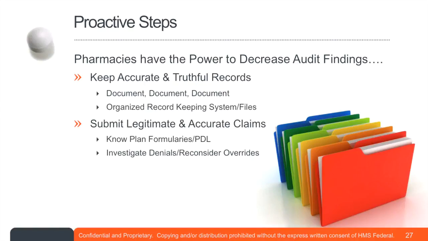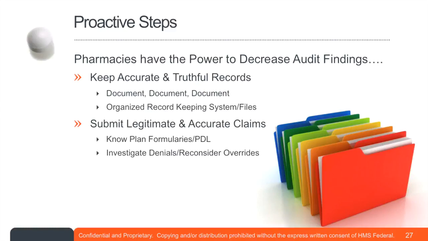Keep your records, your systems, organized. Sometimes I perform audits where the prescription is missing and the pharmacy can't come up with a prescription. So that's just one example of keeping things organized, keeping those prescriptions in chronological order according to prescription number and getting them filed. And of course, always submit legitimate and accurate claims.